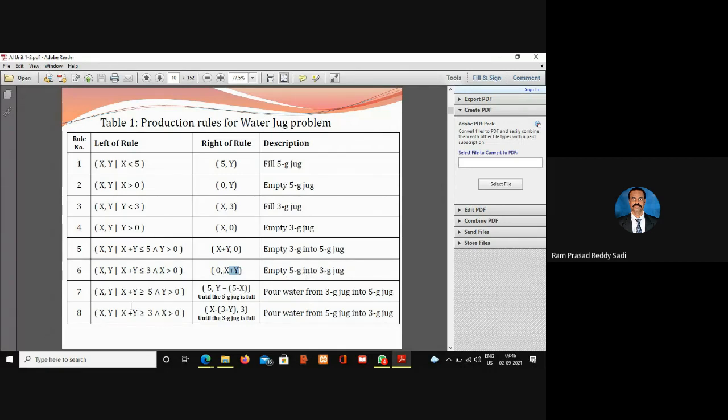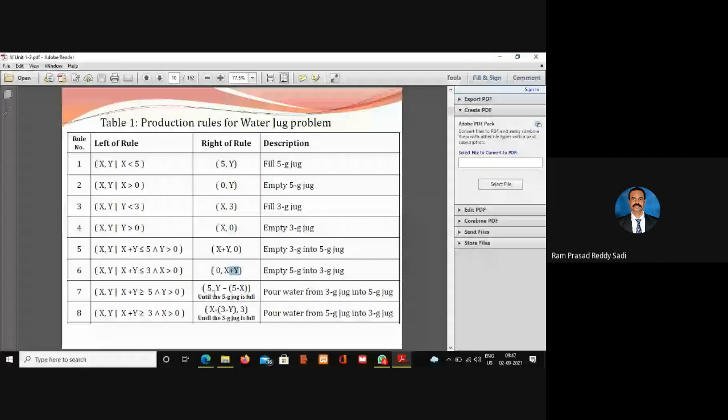So look at this condition. X comma y, x plus y greater than or equal to 5 and y greater than 0. What does it imply? You need not read this description. It clearly says that you are trying to pour water from the second jug, that is the 3-gallon jug, into the 5-gallon jug. What is the maximum capacity of that? 5 only.